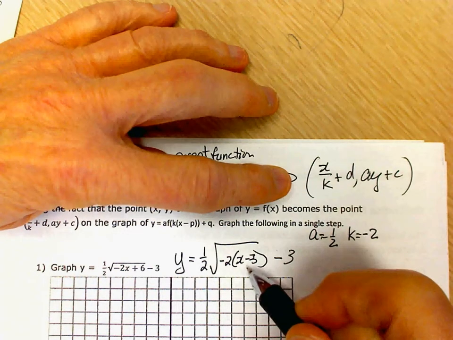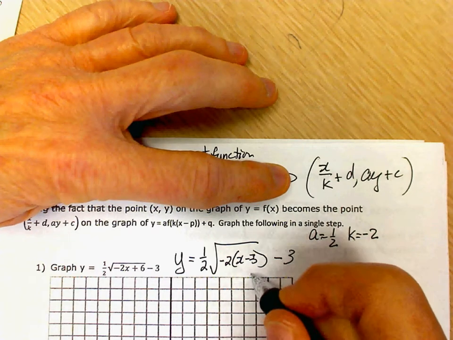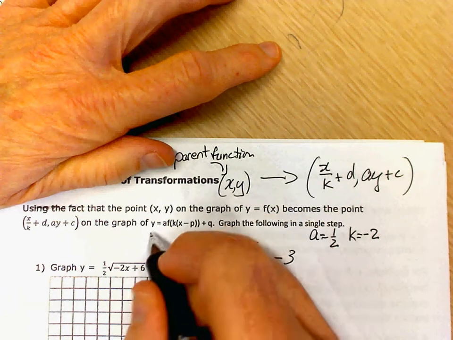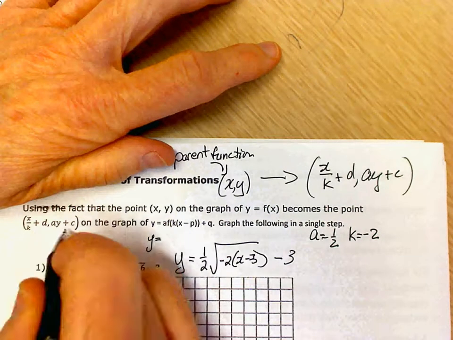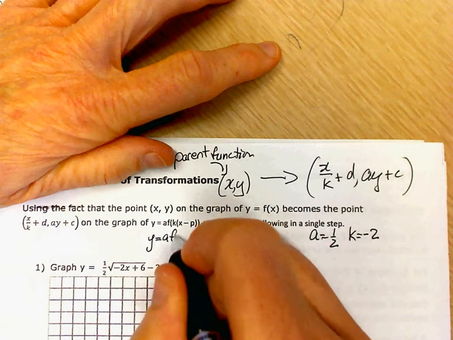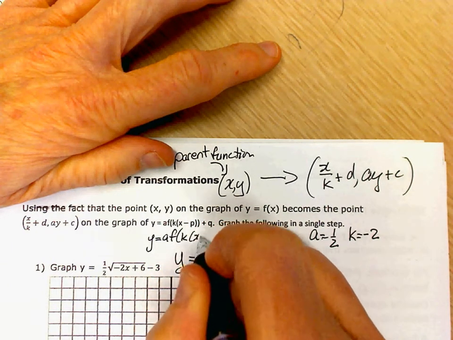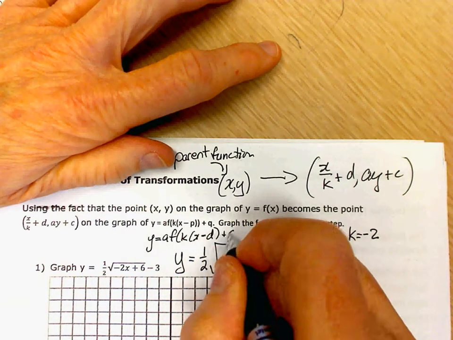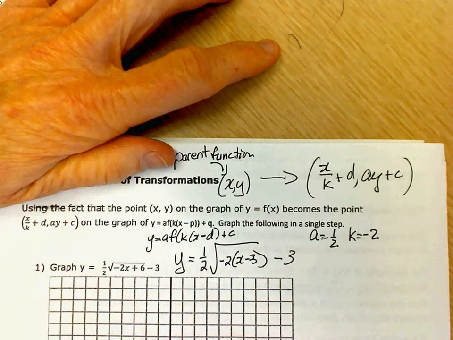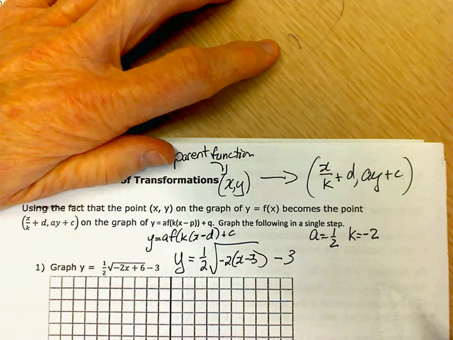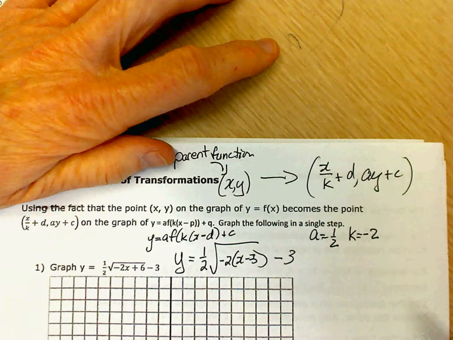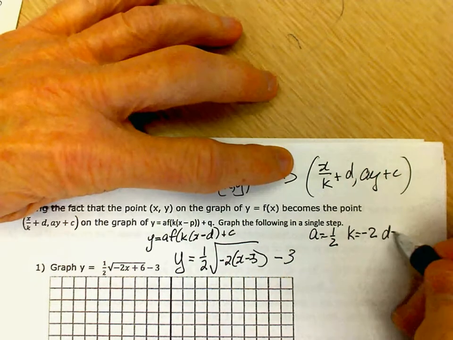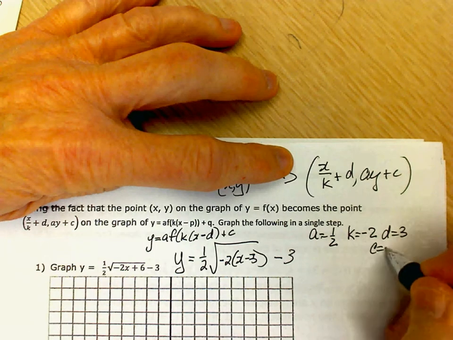Oh sorry, this one is D. I realize this says P and K. Another way to write this, so we can relate to the C and D, is y equals a f of k(x minus d) plus c. For some reason they have D coming before C, but that's fine, we'll live with it. D equals 3, and C equals minus 3.